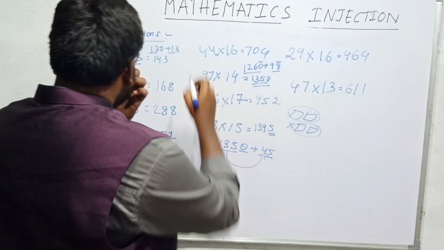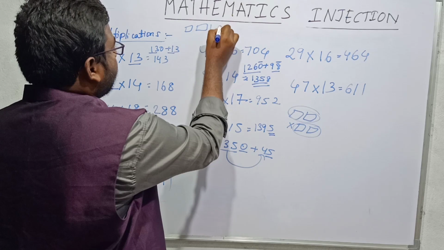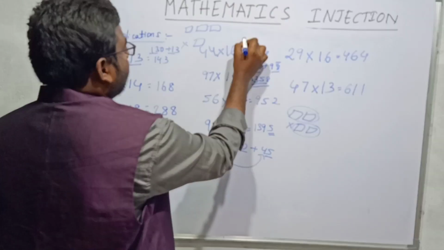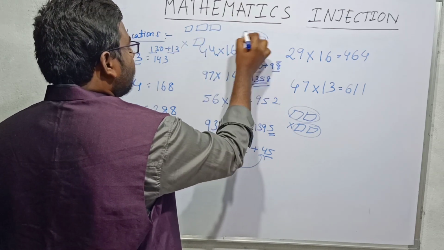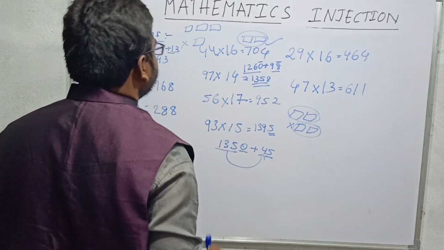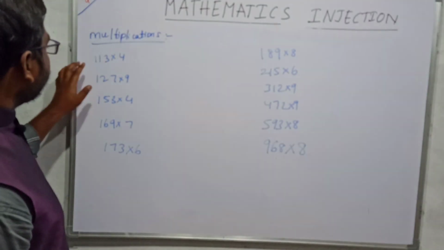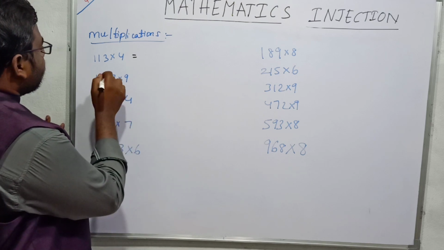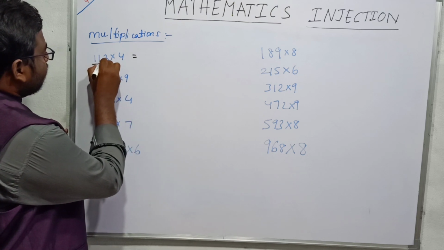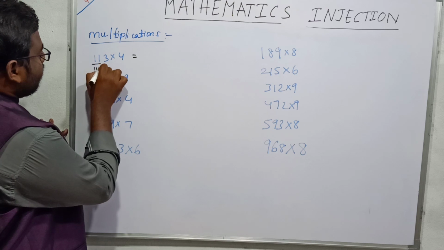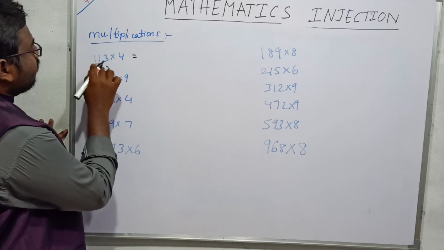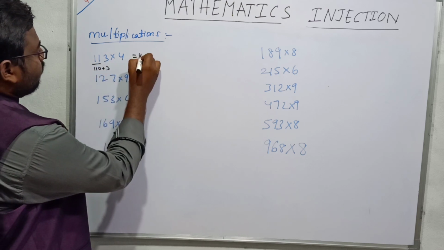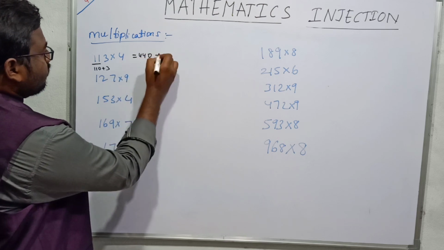Now we will see the case of multiplying a 3-digit number with a single-digit number and a double-digit number where the double-digit number is known. Case of multiplying a 3-digit number with a single-digit number. So what I will do is I will write this as 110 plus 3. That means 4 into 110 is 440 plus 4 3s are 12.